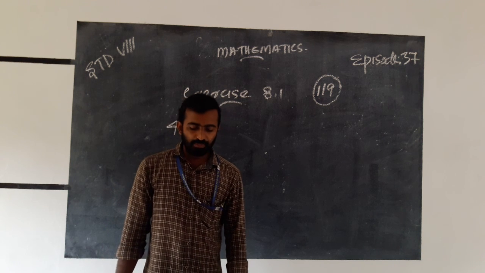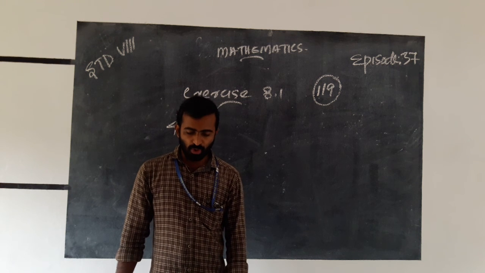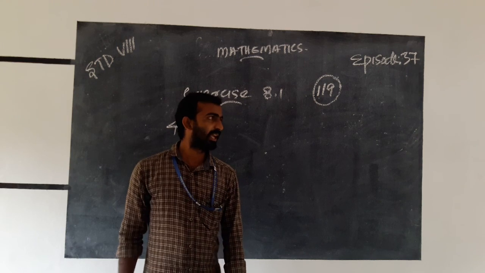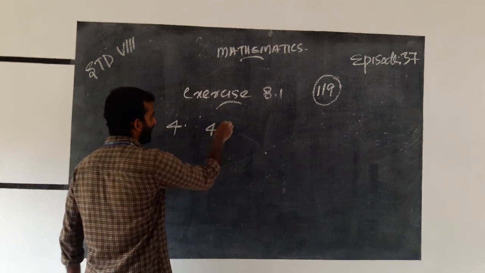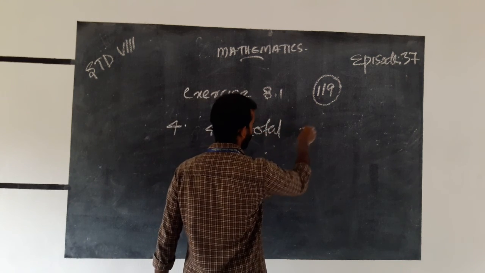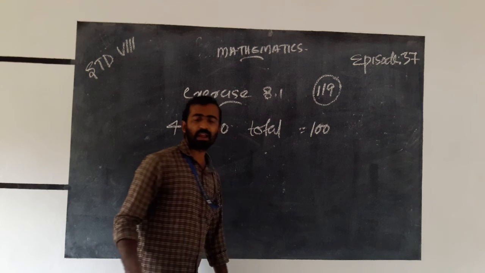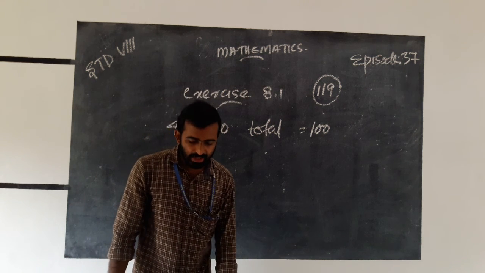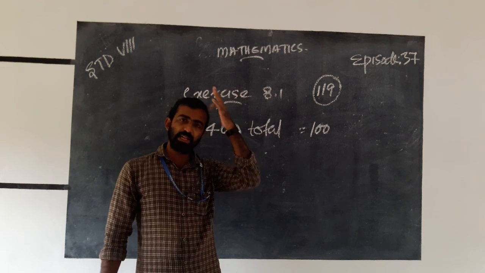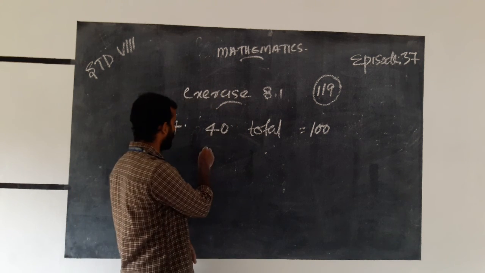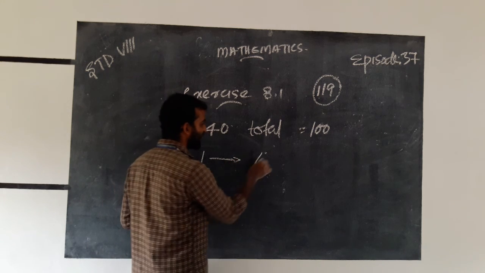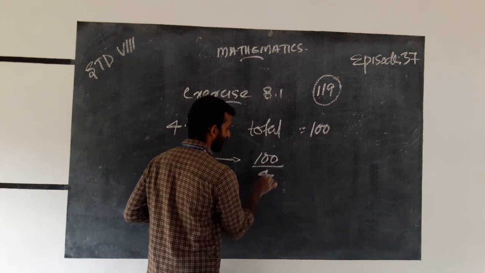If 40 matches are won, then the total number of matches played is 100. Is it right? Yes. Then if one match is won, the total number of matches played is 100 by 40.